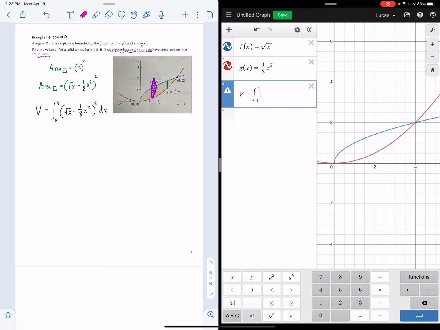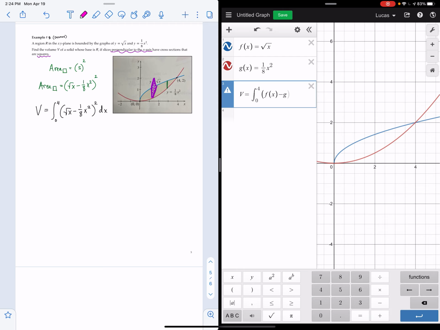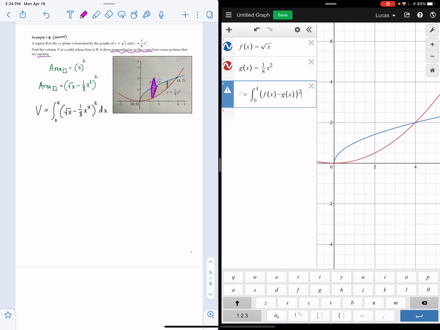And instead of typing in the square root of x and 1/8 x squared over again, if you use this f and g notation, you can just type in f of x minus g of x. Put the squared outside the parentheses, and you'll notice a number is not coming up yet, but that's because we haven't typed dx.